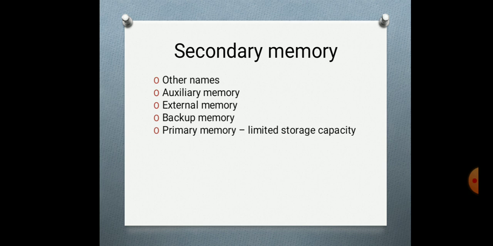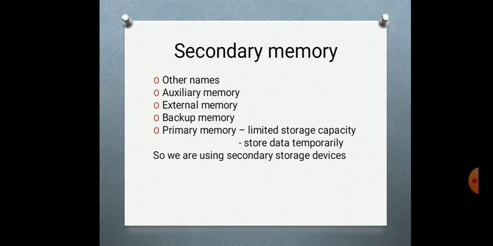The computer's primary memory, which is directly accessible to the CPU, has only limited storage capacity and stores data temporarily, not permanently. Because of this, we use secondary storage devices.